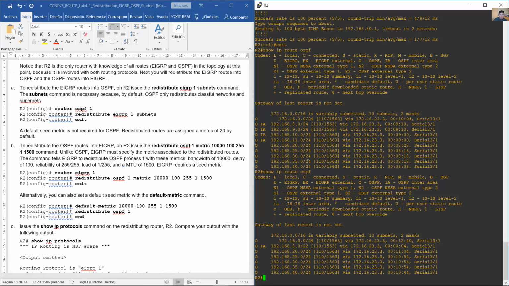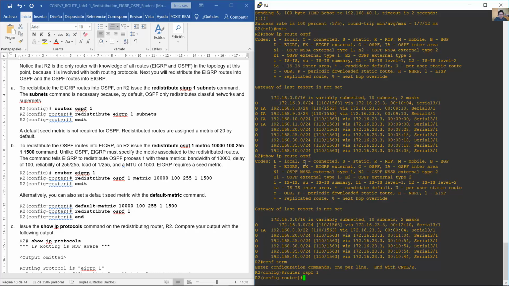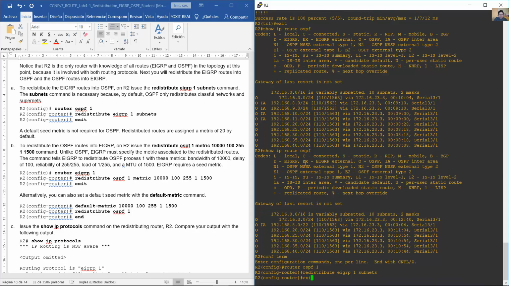Okay, go to R2, configure terminal, router OSPF process 1, redistribute EIGRP autonomous system 1 and subnets, then exit.